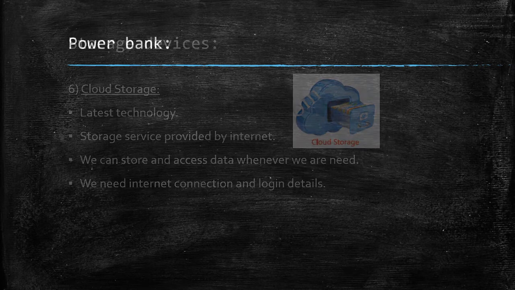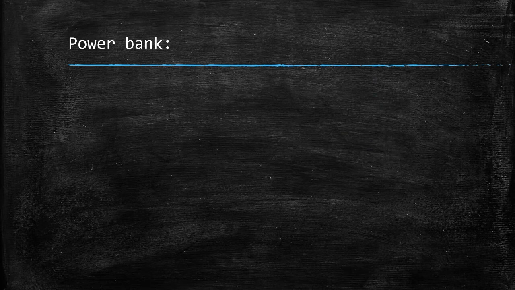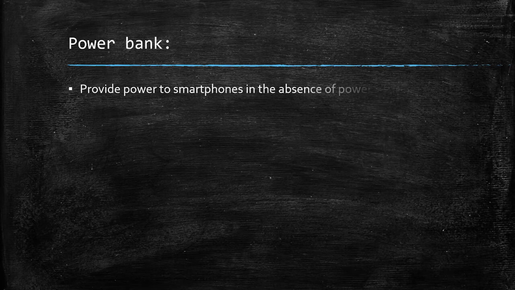And we are familiar with another thing called a power bank nowadays. What we have seen till now is all about memory. What if our smartphone is low on power? To provide power to smartphones in the absence of a power source, we can use a power bank.